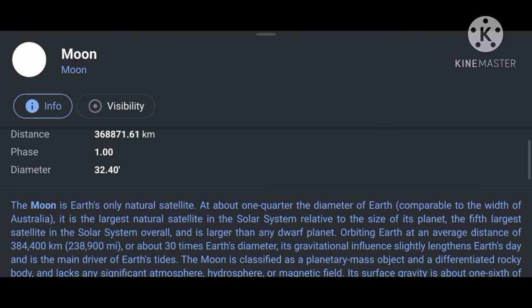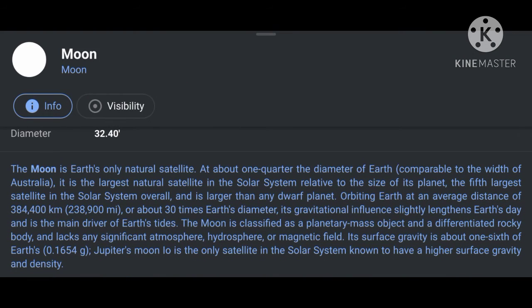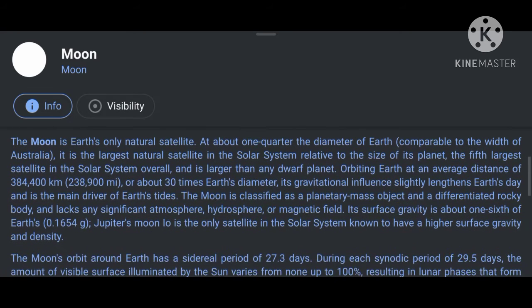So we can search it here, and this is the information. It says here that the Moon is the Earth's only natural satellite, and it is about 1/4 of the diameter of Earth. The Moon is located at an average distance of 384,400 kilometers, which is about 30 times the Earth's diameter.